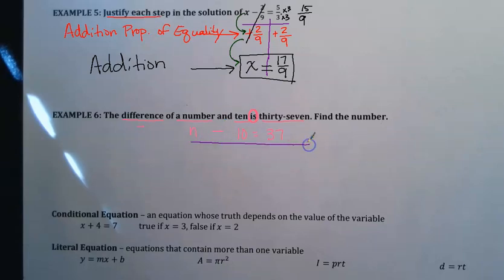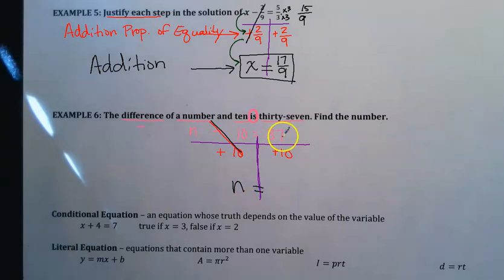I'm going to put up my teeter-totter and split it right at the equal sign so I remember. What's happening in my problem? N minus 10. I'm subtracting, so I need to do addition. I'm going to add 10 to both sides. On the left, where I subtracted 10 and added 10, those cancel and leave me with n.